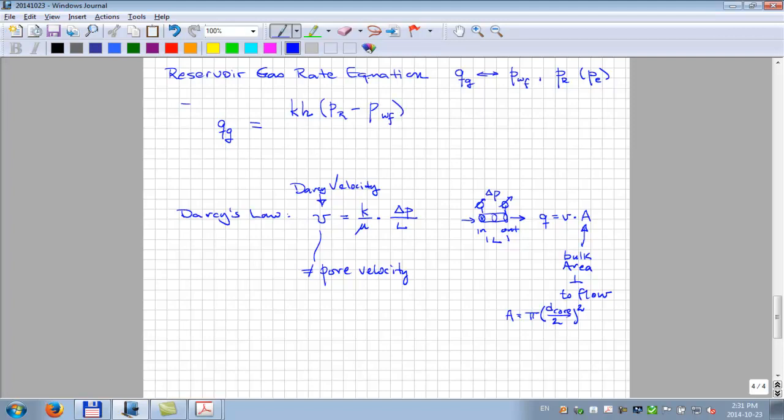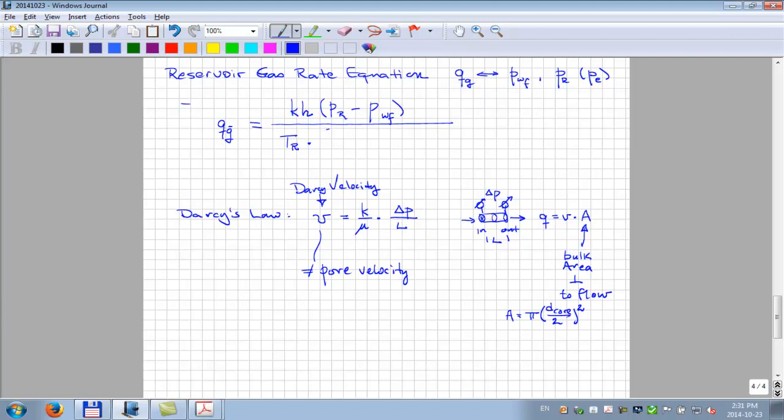We don't actually use pressure in general. I'll have to correct that a little bit. But it's proportional with the pressure drop between the average pressure in the reservoir and the bottom flowing pressure. And we've got the reservoir temperature down here. It has to do with the fact that this is actually a surface gas rate and we're flowing at reservoir temperature, so the conversion from reservoir conditions to surface has to include the reservoir temperature.